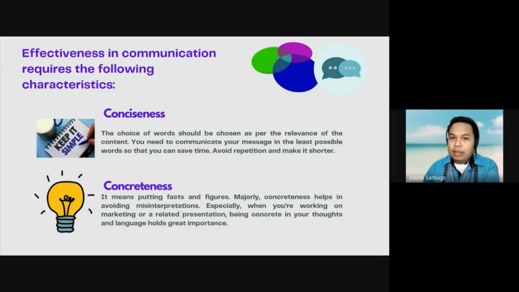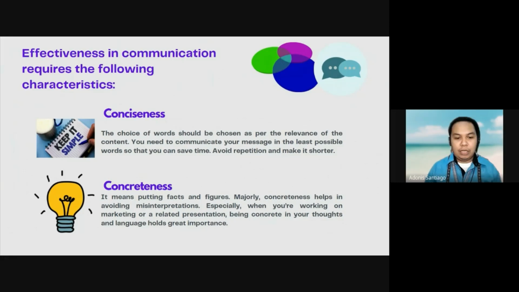Others say that the more you talk, the more mistakes you have. So you need to be very careful on what you're trying to say. You need to be brief and concise. You need not say a lot of words with just one topic. Just be short and direct to the point. Avoid beating around the bush.